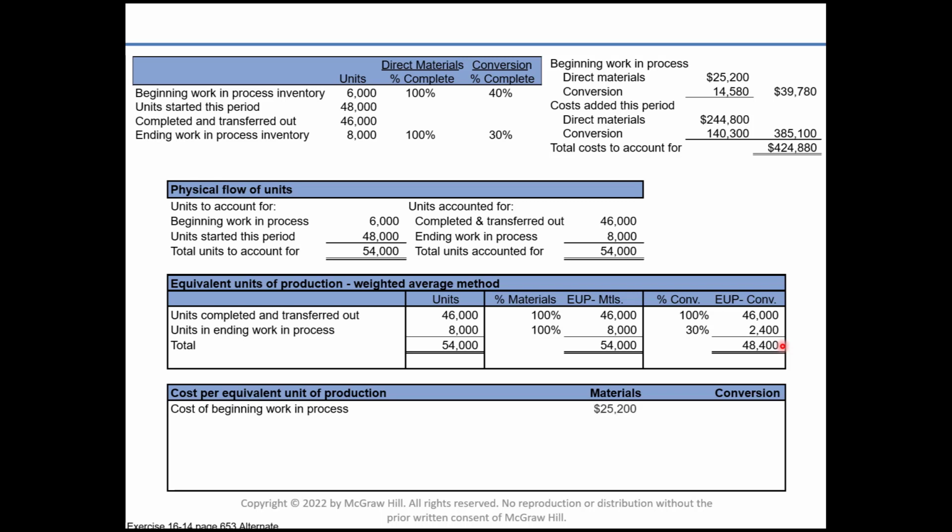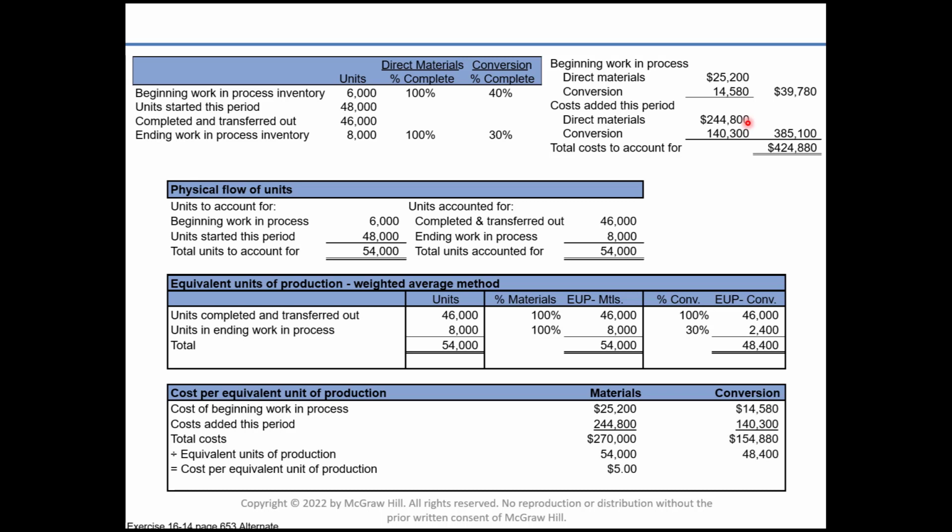Now we're going to get a cost per unit. So we're going to add our cost, direct materials beginning inventory plus current cost. Do the same thing that we did in the previous one. Get our total cost, divide by equivalent units, 54,000 and 48.4, to get a unit cost.